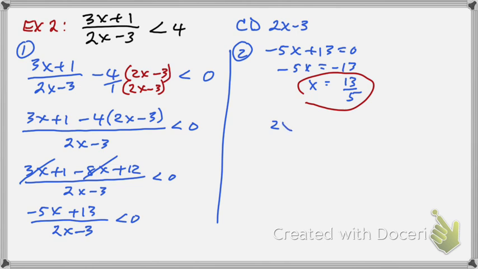2x minus 3 equals 0. There's another critical value. What haven't we checked yet?